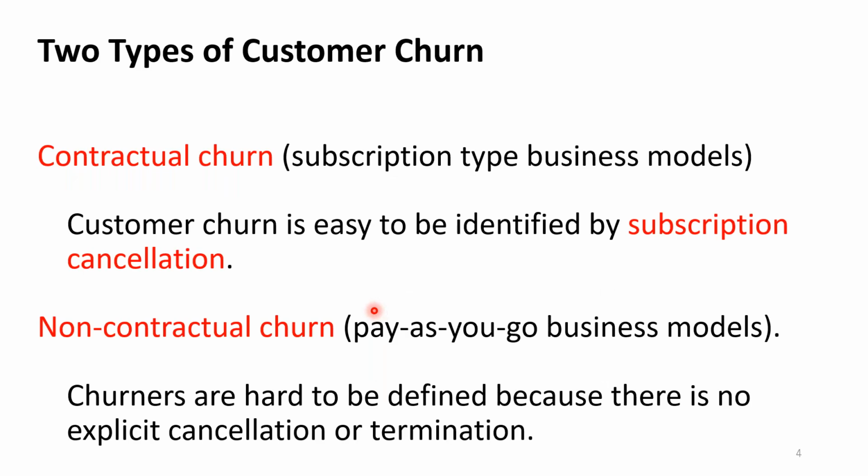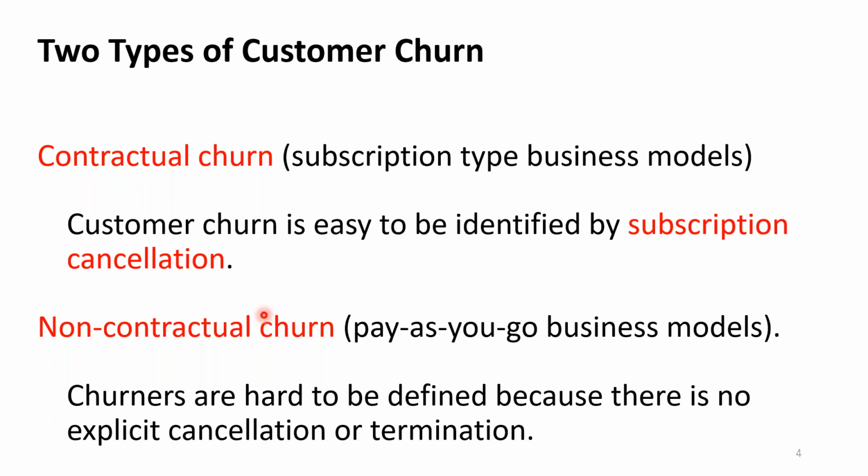Based on the business model that the product or service relies on, customer churn can be classified into two types: contractual churn and non-contractual churn. Contractual churn occurs in subscription type business. In the case of contractual churn, customers cancel their subscription of the product or service.